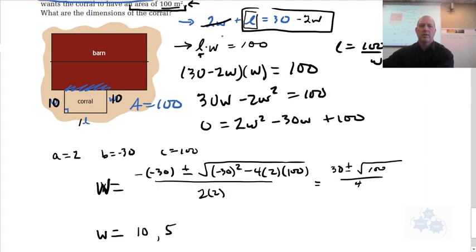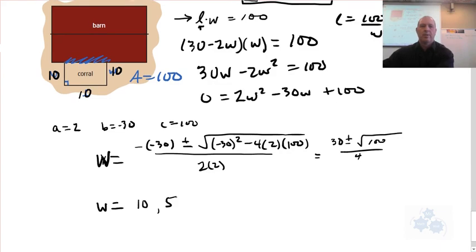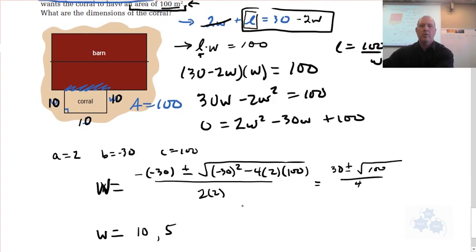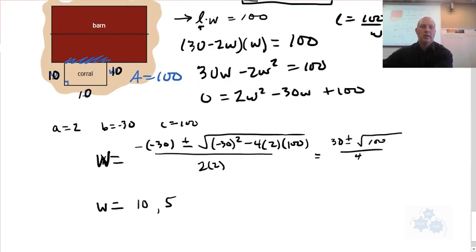Sorry, 2W plus L equals 30. So we've got to go to this one. L is going to be 30 minus 20. And if W was 5, 30 minus 10 is 20. So 5 and 5, 30 minus 10 is 20.